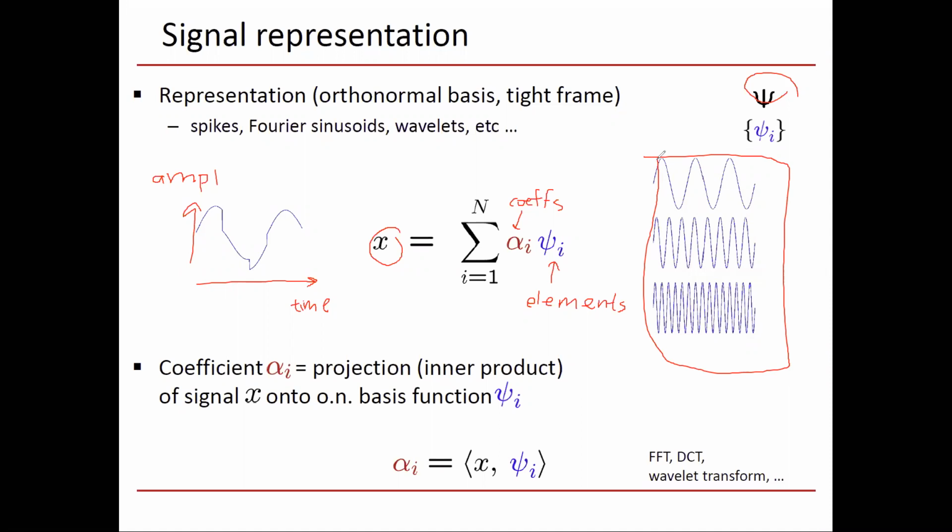Now, the coefficient alpha i is a projection, an inner product of x onto an orthonormal or ON basis function psi i. So we can express that alpha i is an inner product between x and psi i. Inner product is denoted by these angle brackets. Examples could be fast Fourier transform, DCT, wavelet transforms, and so on.